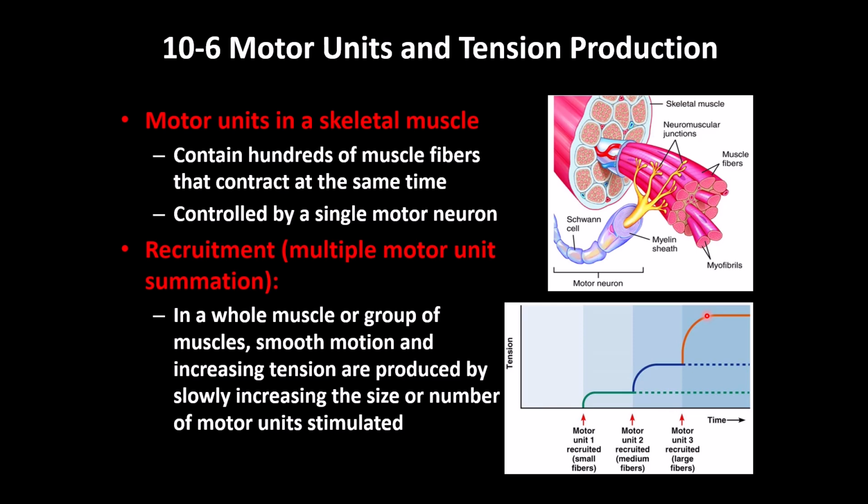You only activate more muscle fibers if you need it. If you don't need it, you don't need to do it. For example, if there is a crime somewhere, you don't need to call all the cops of the whole county in that area. You don't need it. You may need 1 or 2 or 3 cops there. The same idea here. So once there is a need for it, then you can recruit more muscle fibers.